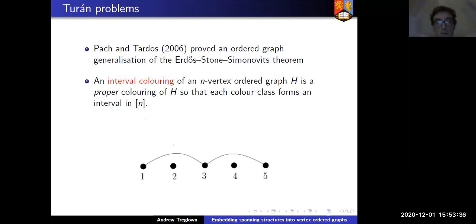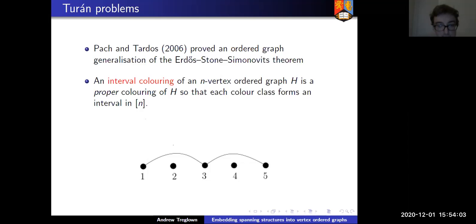If you take an ordered graph H on n vertices, an interval coloring is a normal proper coloring of H, so the endpoints of every edge have different colors. It's a proper coloring, but moreover, each color class forms an interval in [n]. So you need that the color classes are intervals.